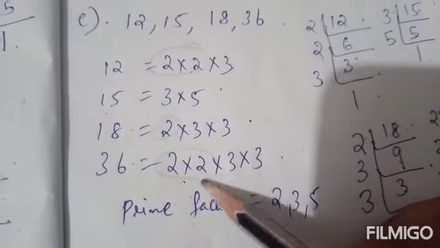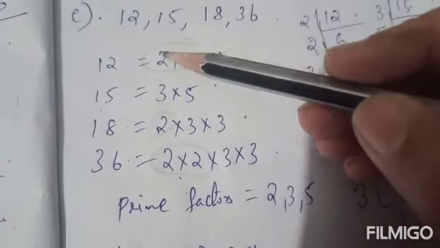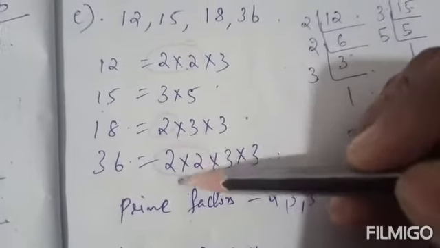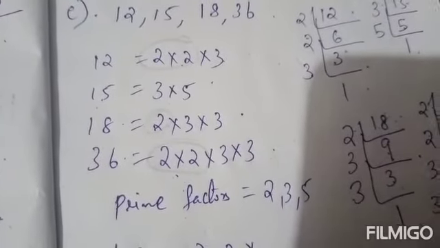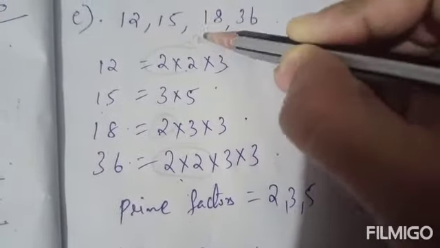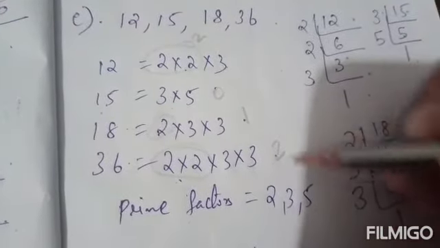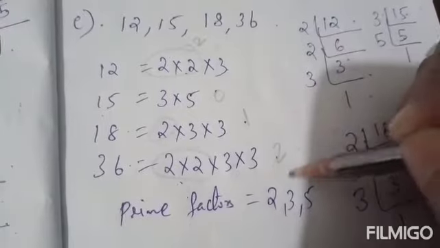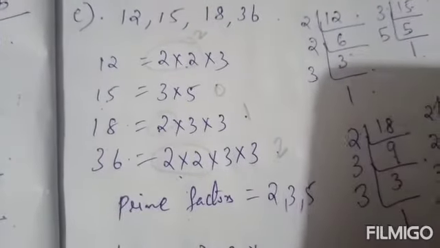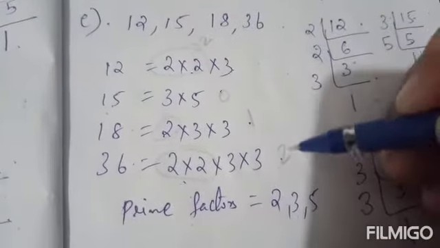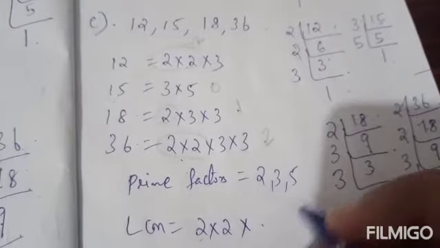And 2 is coming 2 times in 36. So if it comes like this, you need to take the maximum number of times. Here 2, here 0, here 1, here 2. Which is maximum here? 2. If the same number comes, you can write in the LCM also that same number of times. So in LCM 2 will come 2 times.